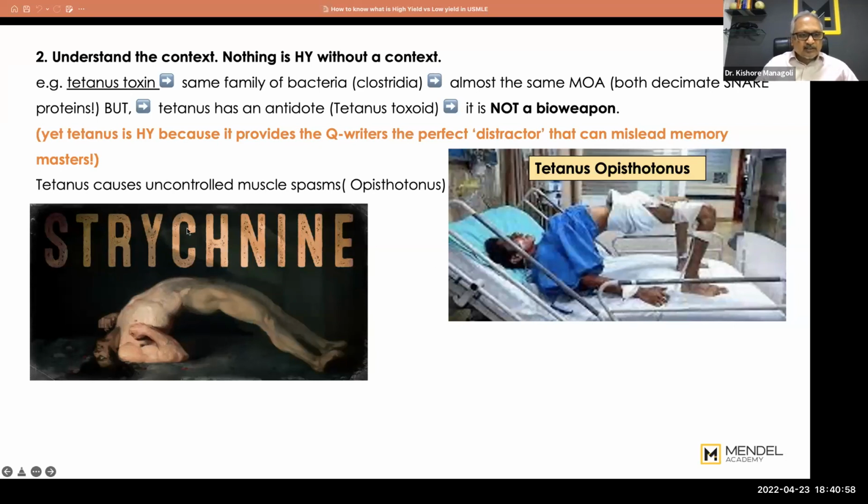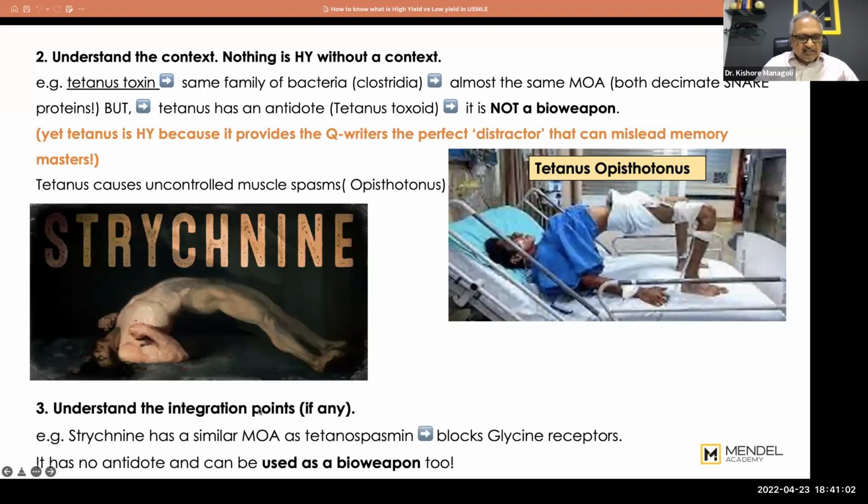Now, this brings us to another integration point, and that is strychnine. Strychnine has a similar mechanism of action as tetanus because it also blocks the glycine receptors just the way tetanus toxin does. So again, the problem with strychnine is it has no antidote and it can be used as a bioweapon. So you see how everything comes full circle: botulinum is a bioweapon, tetanus is not a bioweapon.